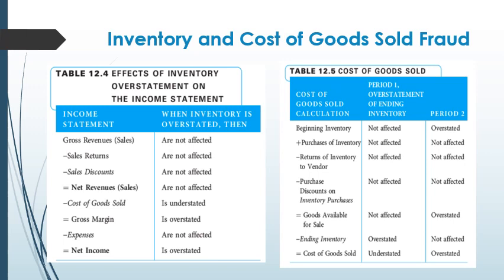So basically, the perpetrator has to overstate ending inventory in period 2 by an even larger amount to offset the effect of having overstated beginning inventory and to commit more fraud. Other calculations can be done to affect net income, but this example is the most common inventory fraud scheme because it increases net income and recorded assets. So it also makes the balance sheet look better.